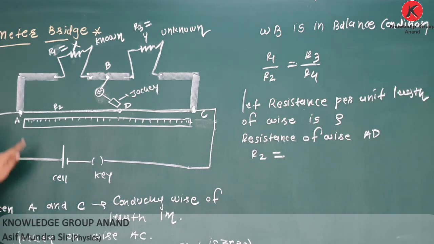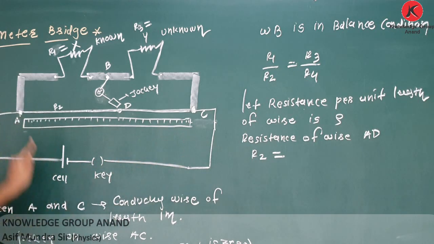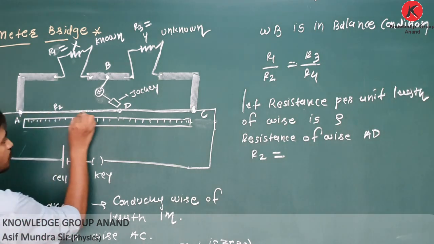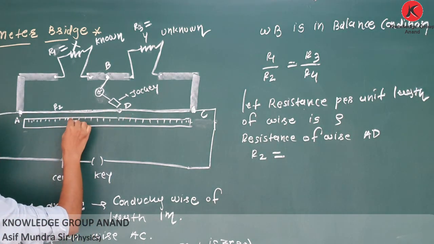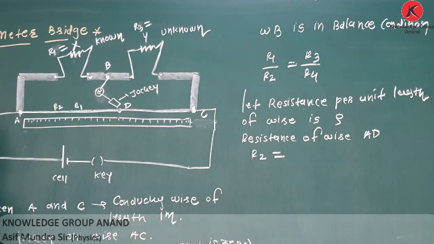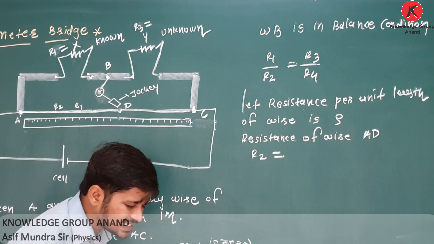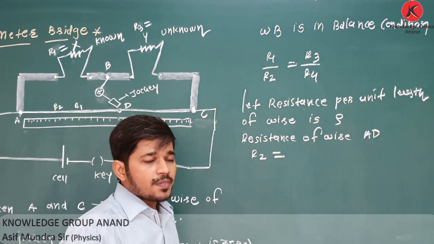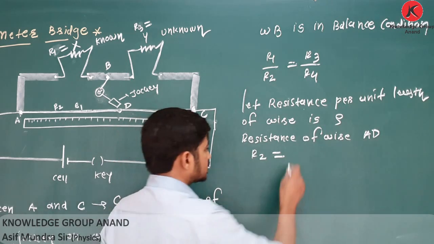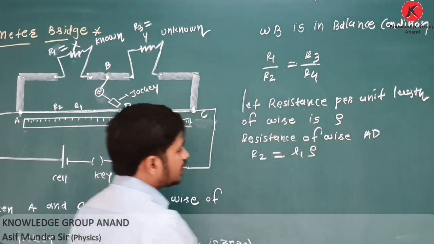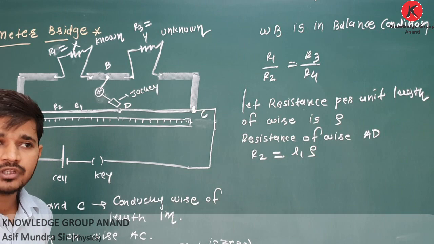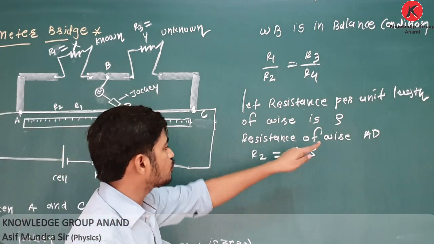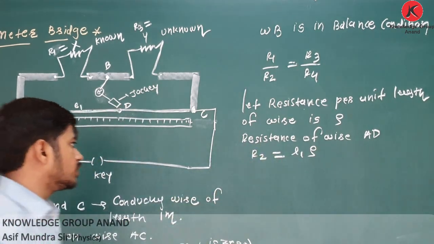What is R2 equal to? You are given this scale from point A to D. You have to measure this length with the help of this scale. Let this length be L1. Then what is its resistance? If resistance per unit length is rho, then resistance for length L1 is L1 rho. So the resistance of wire AD, R2, is equal to L1 rho.